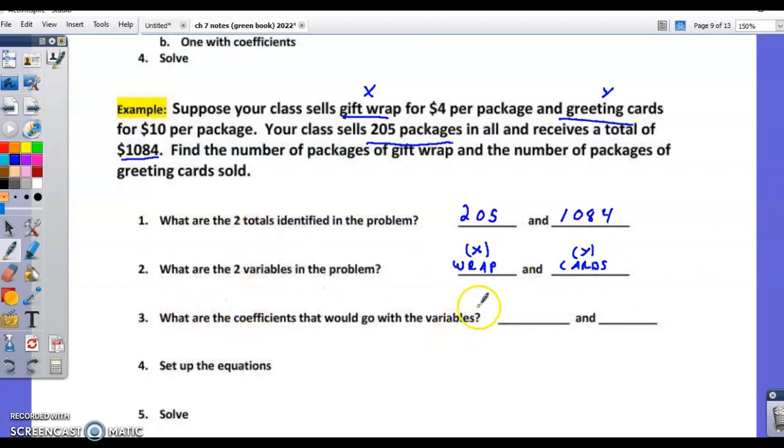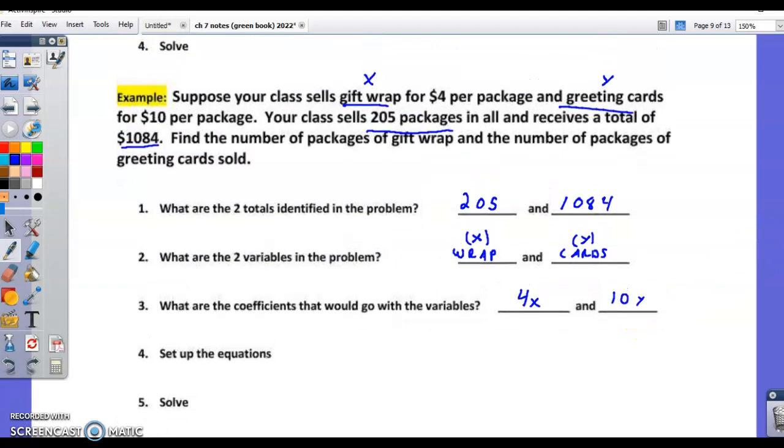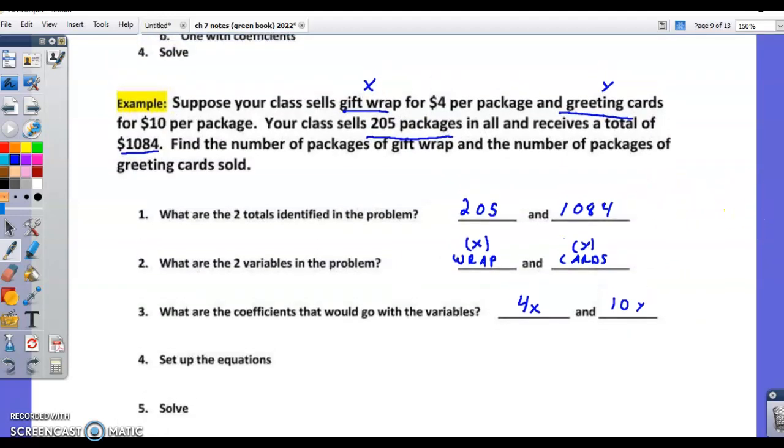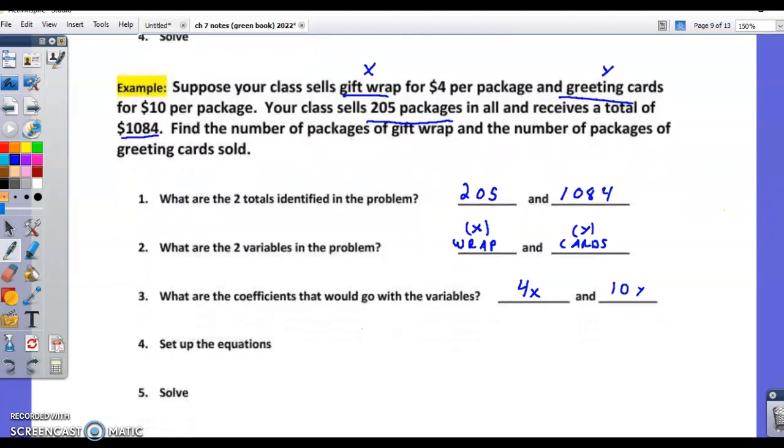The coefficients that go with each variable: now we have our gift wrap, we know that it's 4, so that would be 4 for our gift wrap, and our greeting cards would be 10 because they're per. So as we're setting this up, this would be our 4x, our 10y, etc. So then we're going to set up the equation. When we are setting up equations, one is going to be with coefficients, one's going to be without.